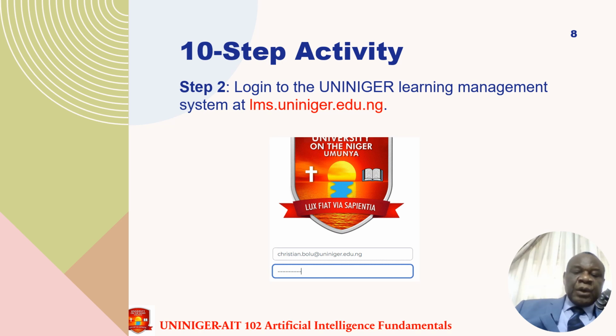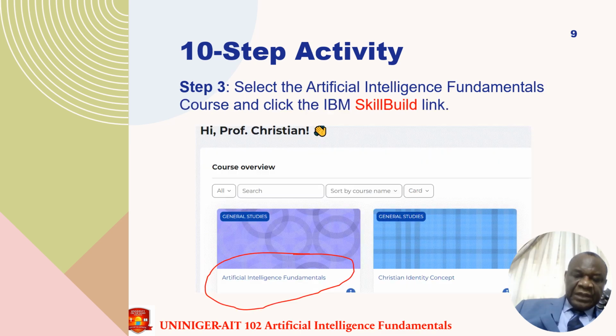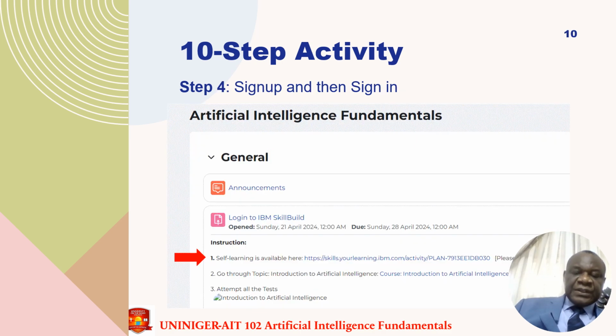Step number 2, log into the UNINIGER Learning Management System at lms.uniniger.edu.ng. Step number 3, select the Artificial Intelligence Fundamentals course. Step number 4, sign up and then sign in.